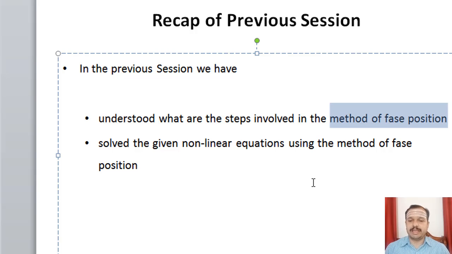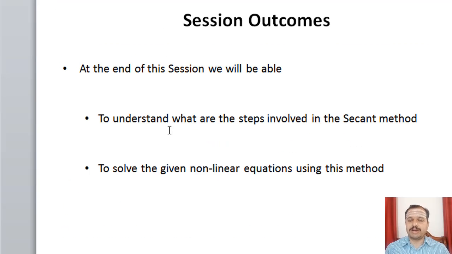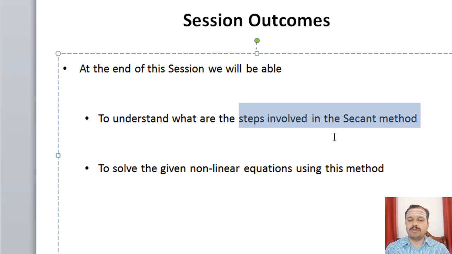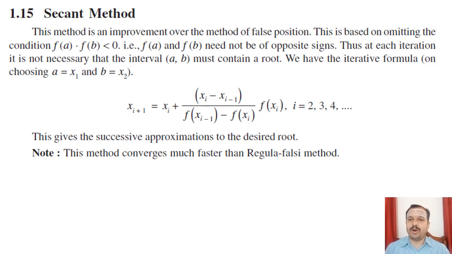At the end of this session, we will be able to understand what actually the secant method is, what the steps involved in it are, and we will be able to solve a nonlinear equation using this method. So let us start with what the secant method is and how it works for solving nonlinear algebraic and transcendental equations.